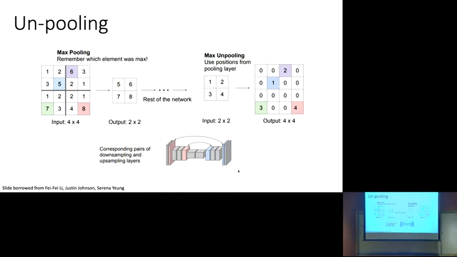Okay? Any questions on this basic philosophy of how you deal with things that are not simple classification? Yeah. For average pools, you can fill in the same number, right?